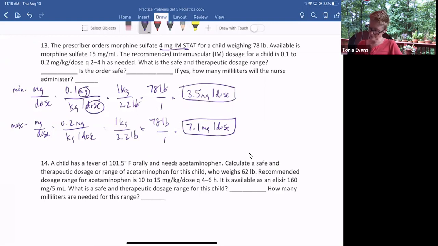And if yes, how many milliliters will the nurse administer? Do that over here. So milliliters per dose is going to be 1 mL is 15 milligrams.